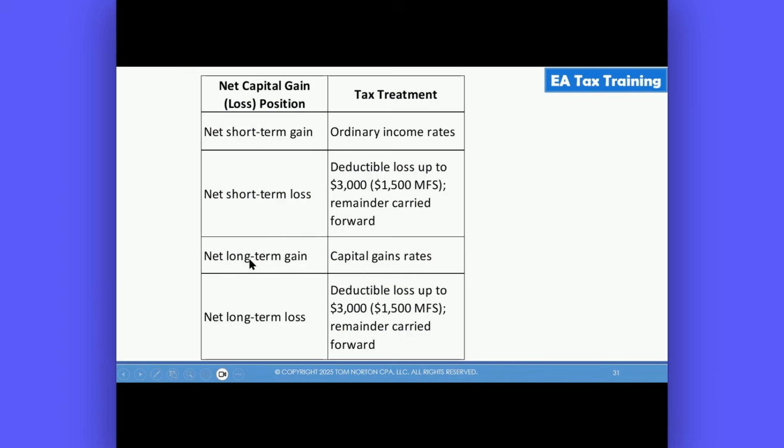Or you could have a net long-term gain, in which case those are taxed at capital gains tax rates. Or you could have a net long-term loss, in which case those are deductible up to that same $3,000 limit, and any remainder is carried forward. So these are the 4 possible outcomes, and we will do some examples as well in order for you to see exactly how this looks.